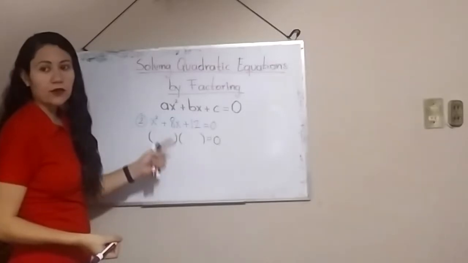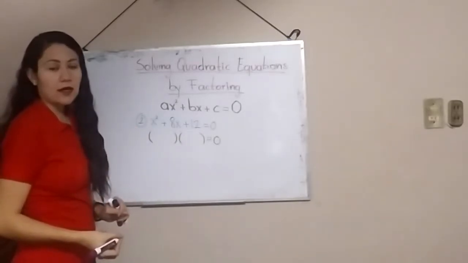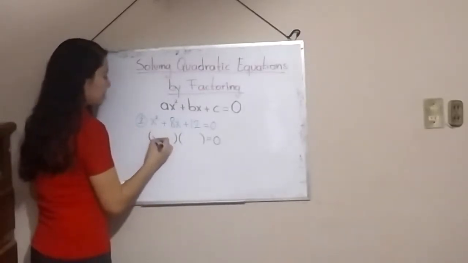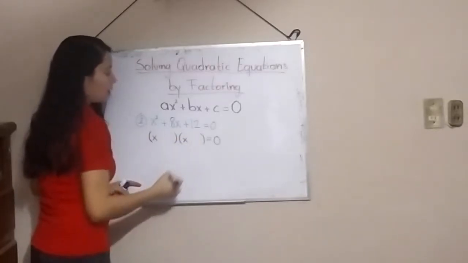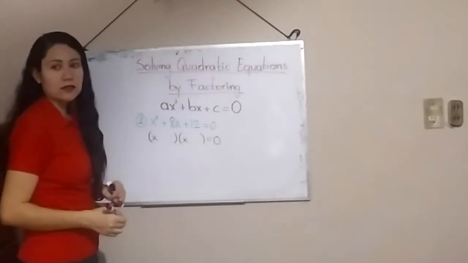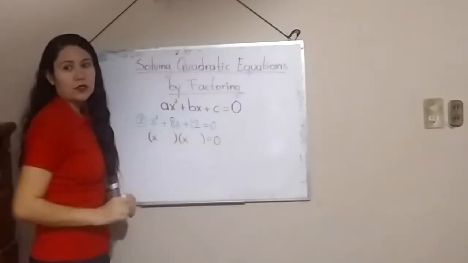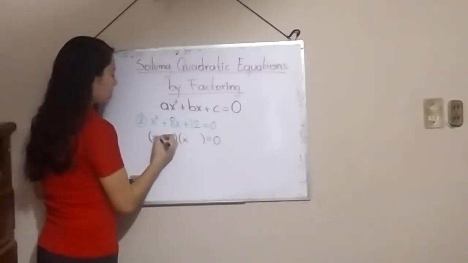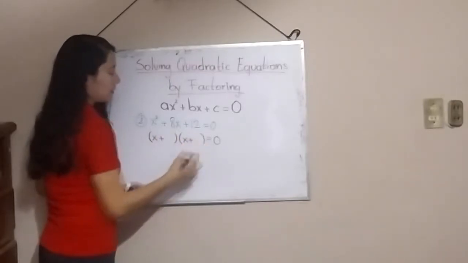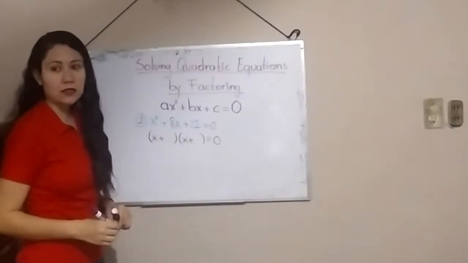Remember how to factorize these types of equations. We place the x on both factors to get our x squared. All of our equation is in positives, so we are going to put the plus sign in both of our factors.